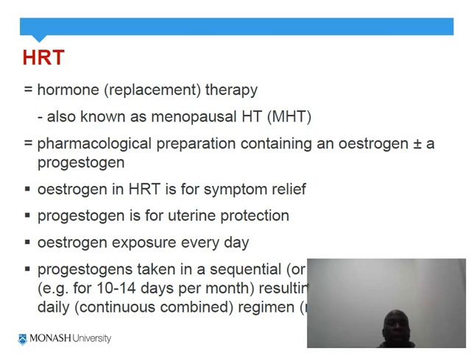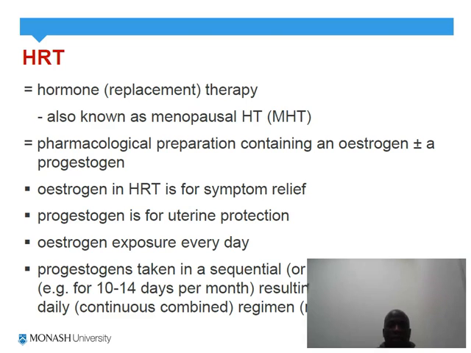The estrogen is for symptom relief, whereas the progestogen is for uterine protection. With estrogen, you have to ensure exposure every day.